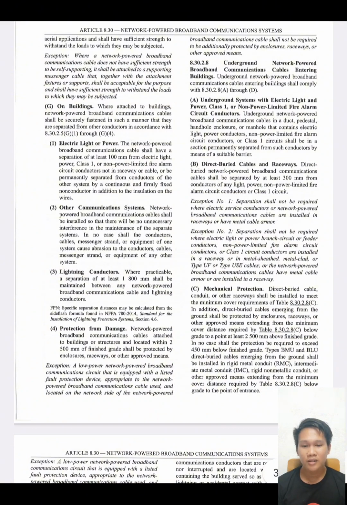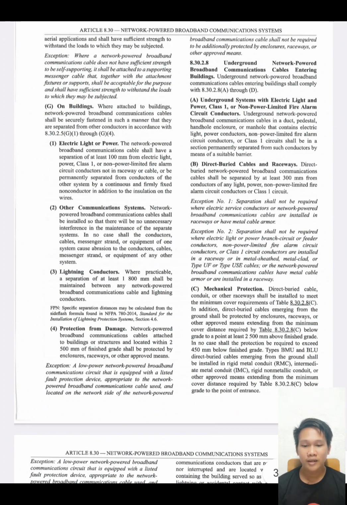Second, we have other communication system. Network-powered broadband communications cable shall be installed so that there will be no unnecessary interference in the maintenance of the separate systems. In no case shall conductors, cables, messenger strand, or equipment of one system cause abrasion to the conductors, cables, messenger strand, or equipment of any other system.